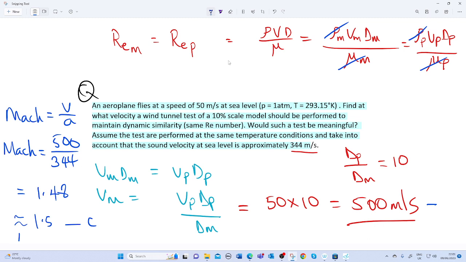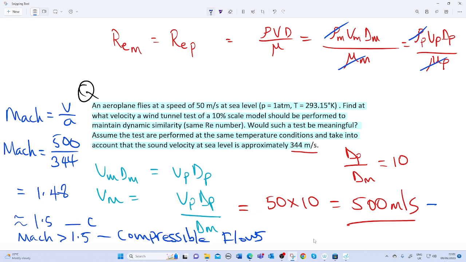Whenever the Mach number is greater than 1.5, that is compressible flow. And that will include shock waves and sonic boom, which is not applicable to what we are doing in the wind tunnel.